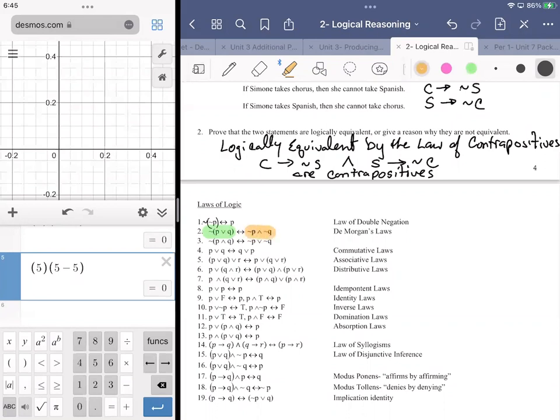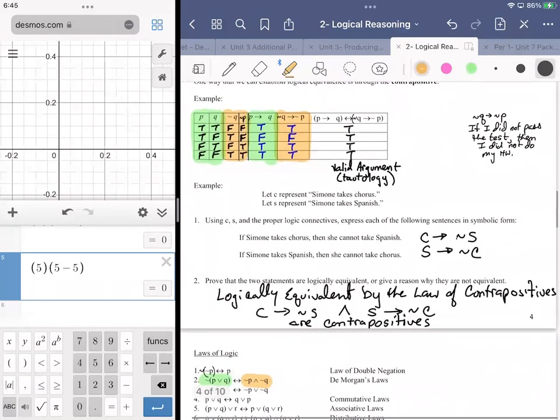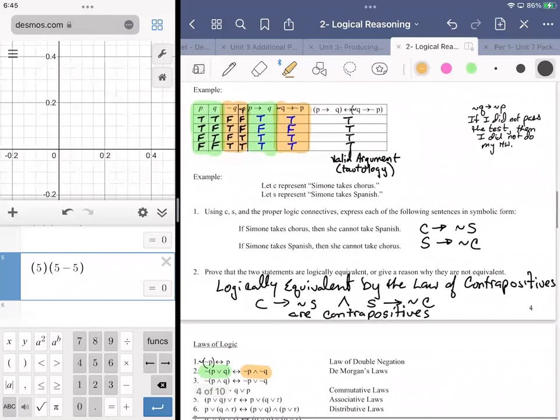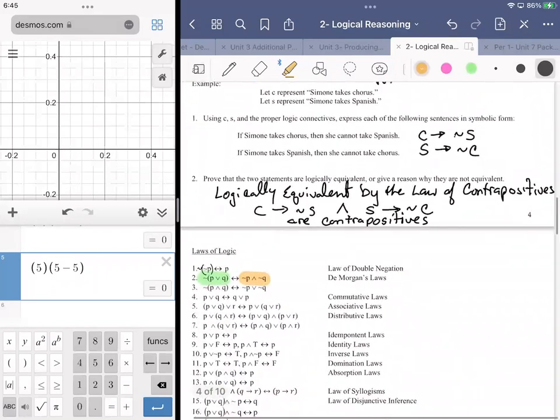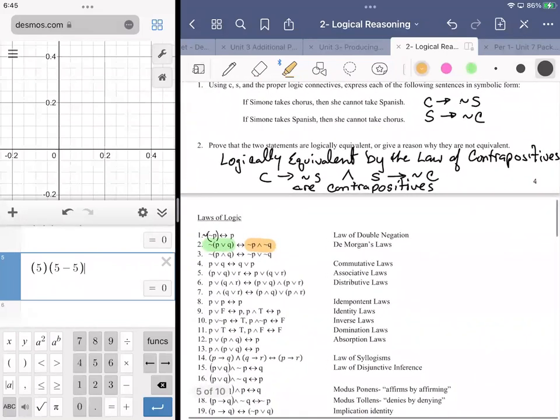What the laws of logic really boil down to is what we did here with this truth table, except we're not going to do a truth table for each one. If you created a truth table for each one of these situations, you would get true all the way down the last column, creating a valid argument, a tautology.